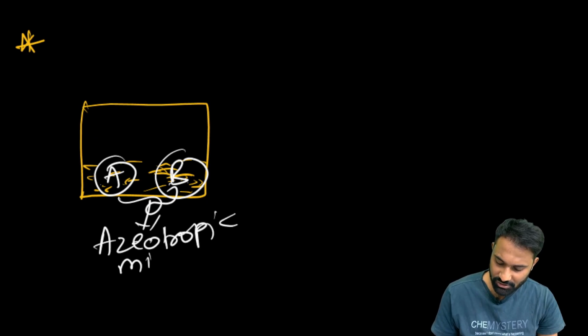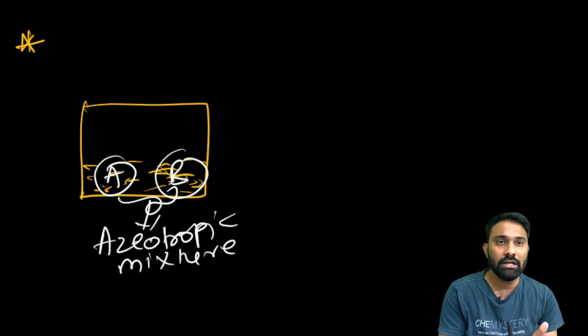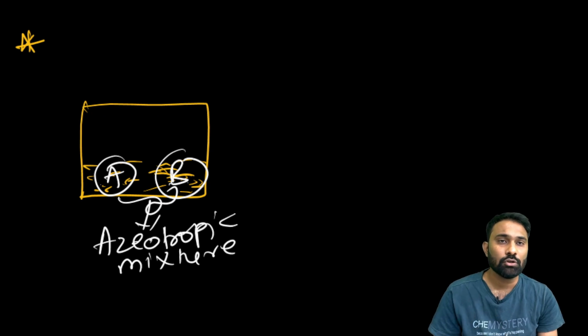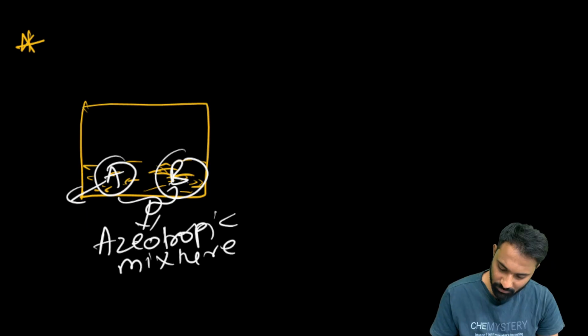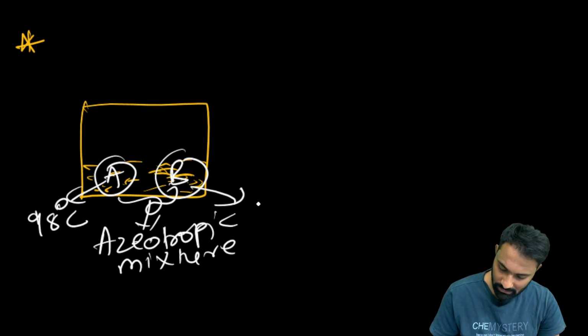What is the meaning of azeotropic mixture? Azeotropic mixture means instead of boiling at their own boiling temperatures, they boil below or above them. That type of mixture we call an azeotropic mixture. Now you see, this one's boiling temperature is, let us assume, 98 degrees Celsius, when in the pure state, not in the azeotropic mixture. Let's suppose this one has 78 degrees.